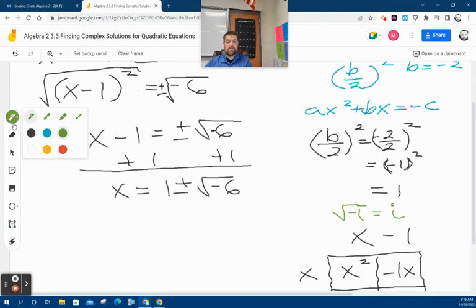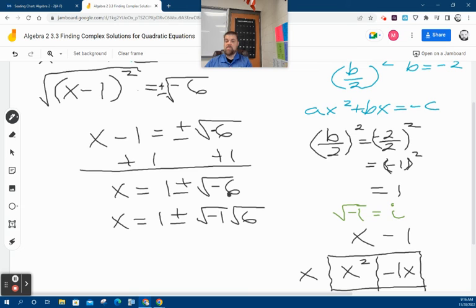So what I'm going to do is rewrite this last one as x is equal to 1 plus or minus the square root of negative 1 times the square root of 6, right? Remember that this number is the product of two numbers. What two numbers? Negative 1 times positive 6. So then what is the square root of negative 1? i.